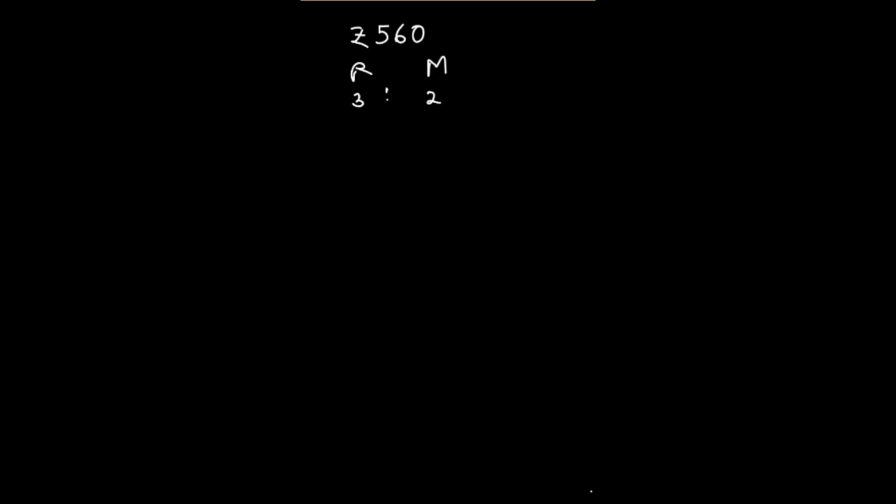That means this value 560 has to be shared among Rohit and Mohit in the ratio of 3 is to 2. Sum of ratio, we will get the sum of ratio.